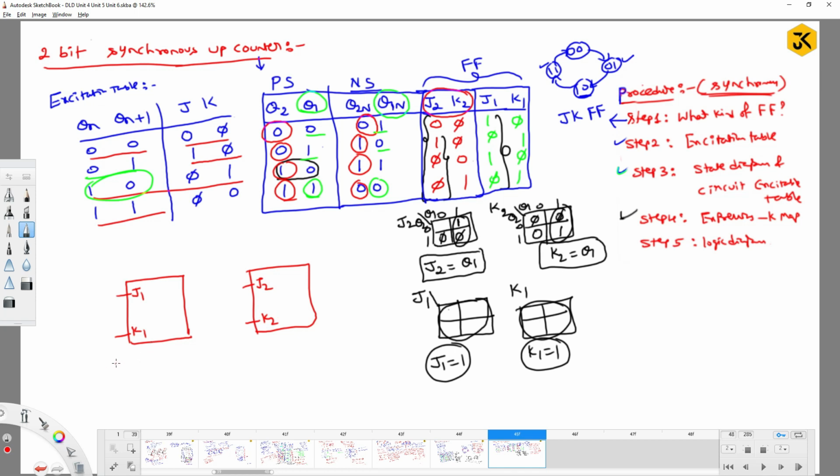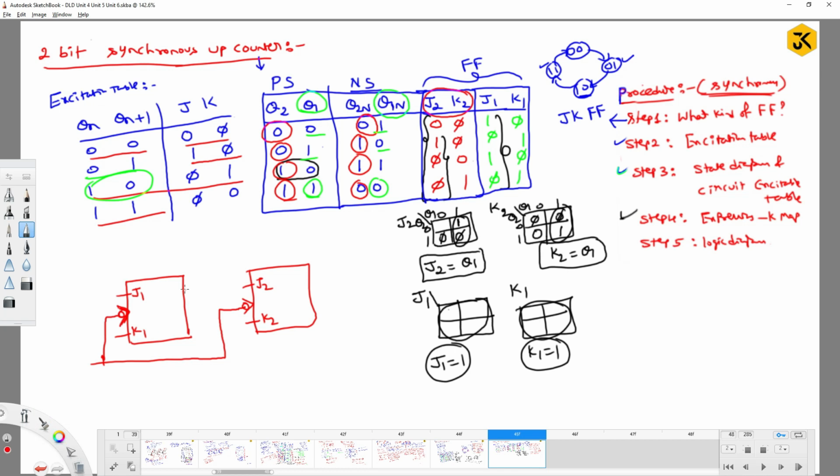For both we pass a negative edge triggered clock directly, which makes it a synchronous counter. Now, how do we connect this?